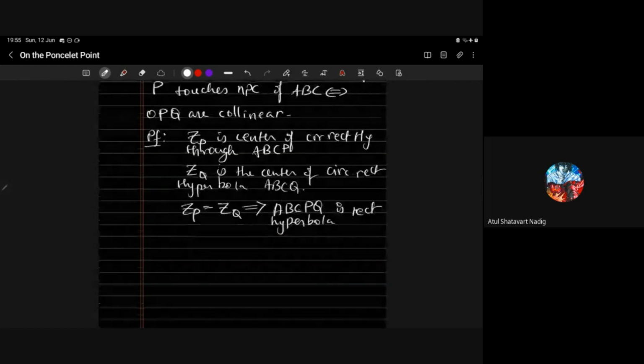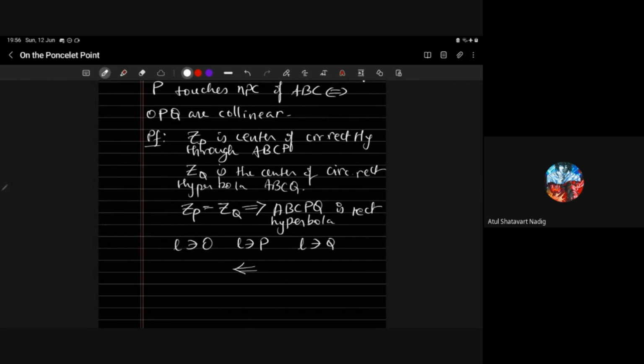So if you take the isogonal conjugate of this conic, you will get a line L passing through the circumcenter, because this rectangular hyperbola contains the orthocenter of ABC. Now L also contains P because Q is on the hyperbola, and L contains Q because P is on the hyperbola. So Z_P equals Z_Q implies O, P, Q are collinear.